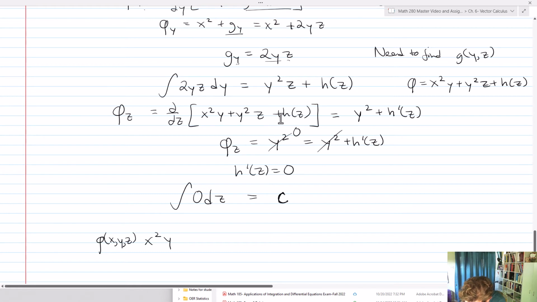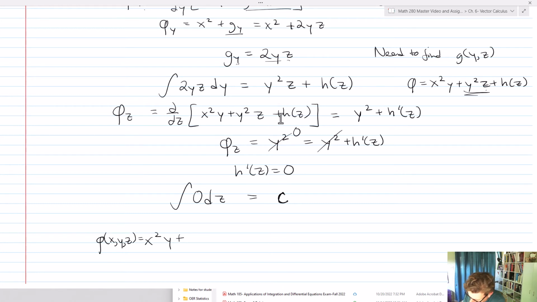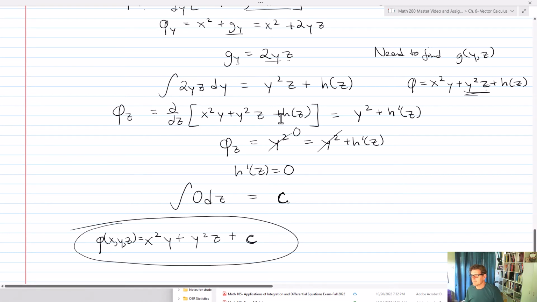I've got x squared y plus, and then g of, plus y squared z, that second part, plus some constant c. And that is my potential function. Okay? It gets easier. Harder to explain than it looks, I have to tell you. But it gets easier to actually calculate. It becomes very systematic. So why don't we do another example?